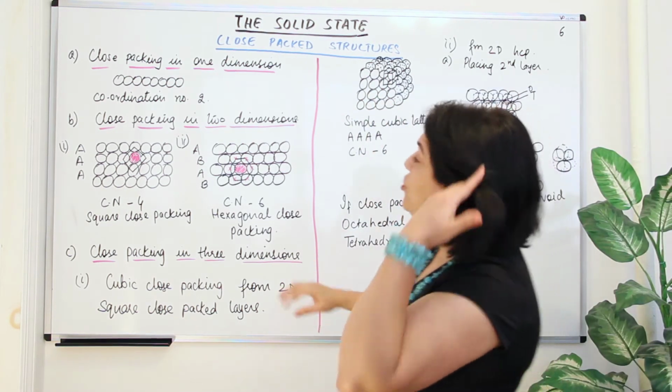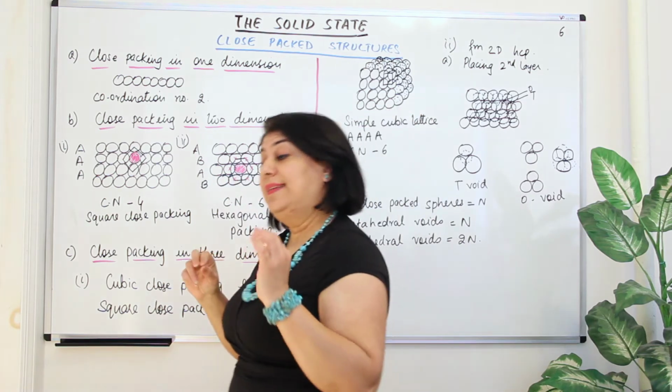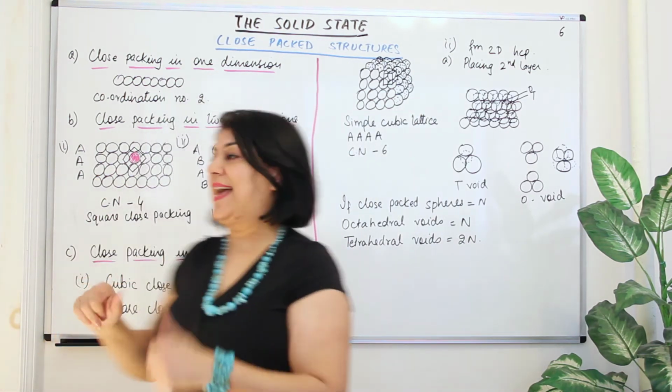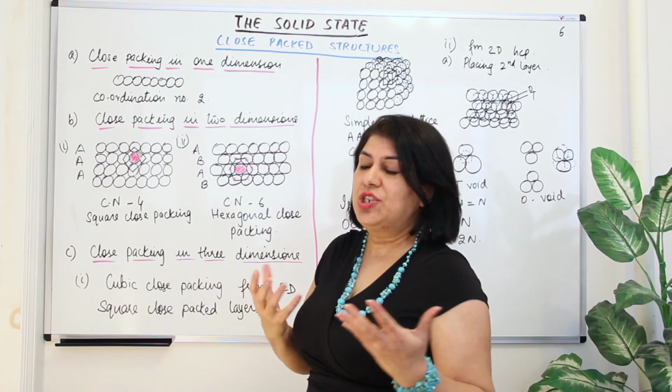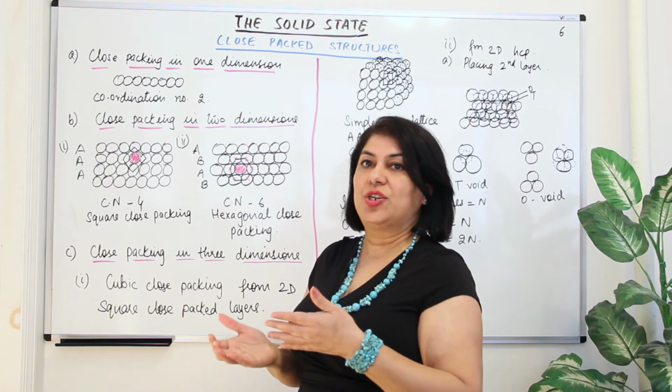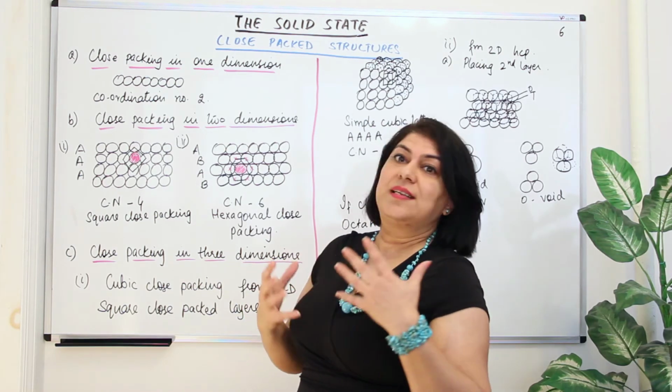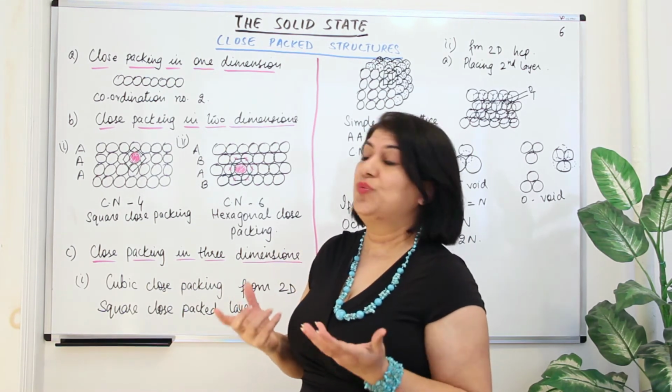And now let us come to the hexagonal close pack, and this is a little more complicated. Just as its arrangement was AB in 2 dimensions, even in 3 dimensions there's a very interesting pattern that you would observe.